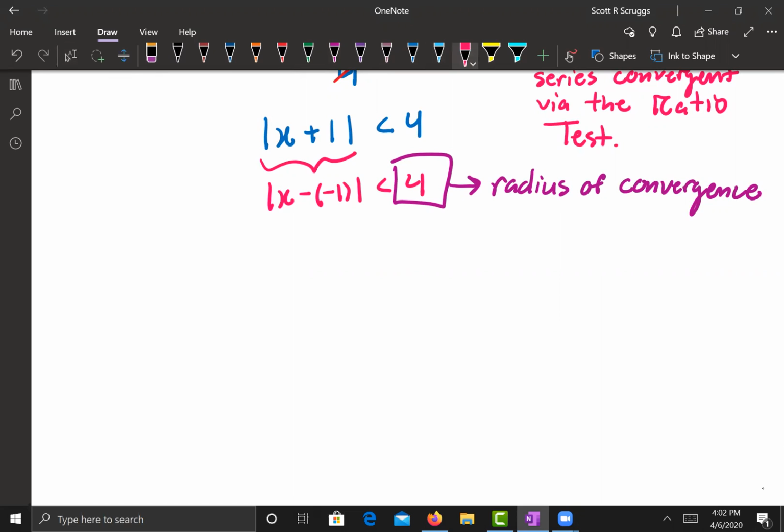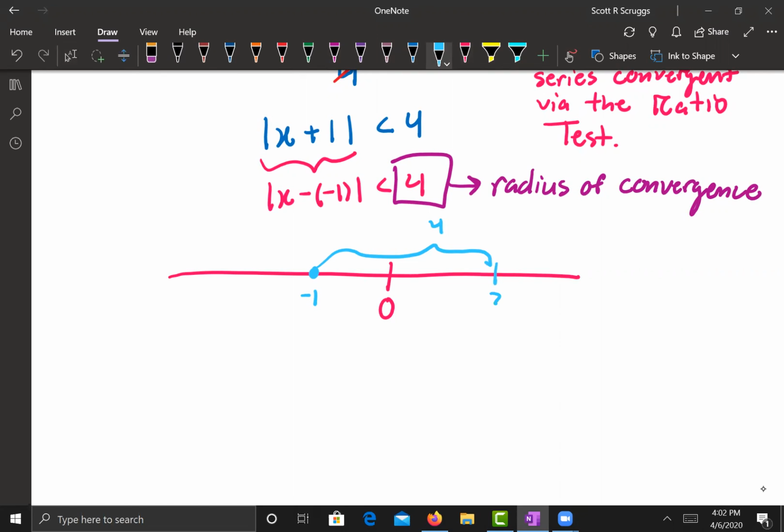So if I want to draw that out, here's my number line. Let's have 0, and my center is -1. And so what that inequality says is I can go a distance of 4 away from it, which here will be 3, and here it will be -5 if I went 4 away.